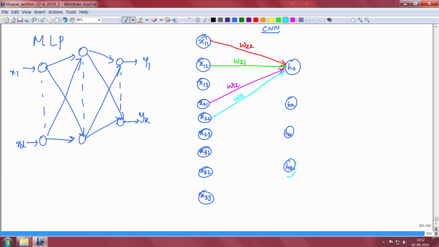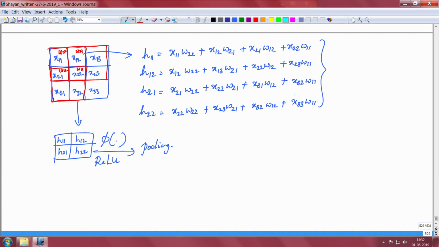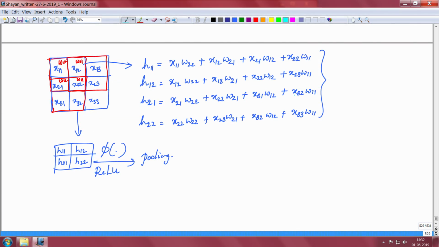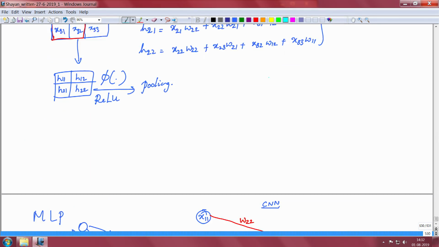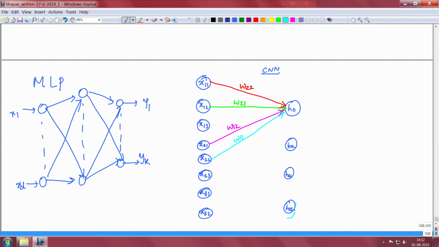Now, let us look at how one can obtain h12. If you go back and see the equation for h12, we need x12, x13, x22, x23. So, we need x12, that is here, weighed by the weight W22.